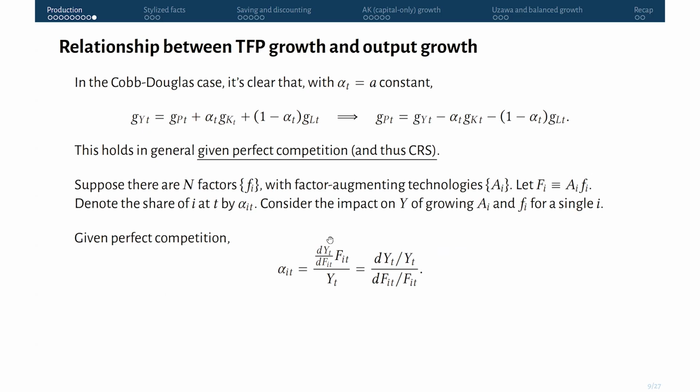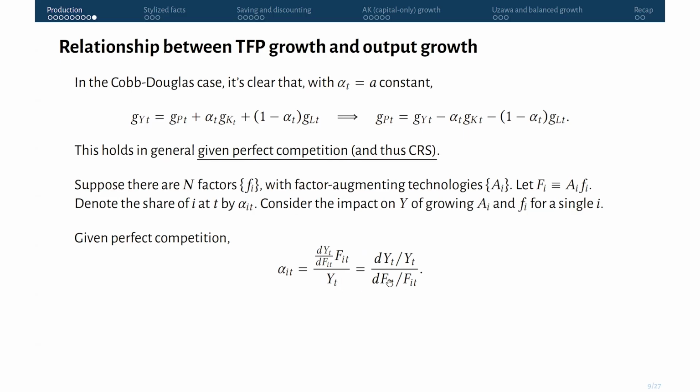So the marginal product with respect to a unit of effective labor, say, if A is 2, that's going to be double the marginal product of labor itself. So this will be half as big as the marginal product of labor. The marginal product of effective labor is going to be half as big as the marginal product of labor, and then you're multiplying it by something twice as big, which is effective labor. So this will be the labor share if i is labor.